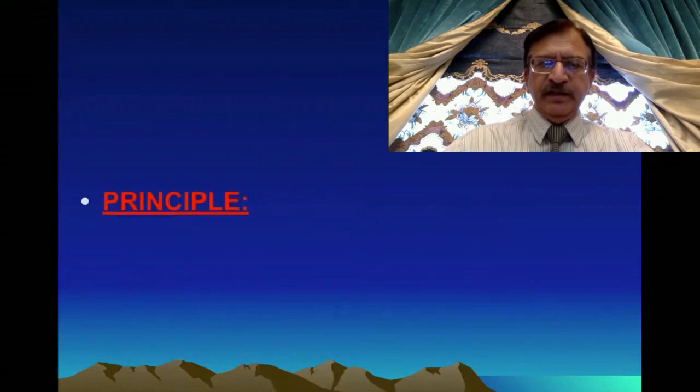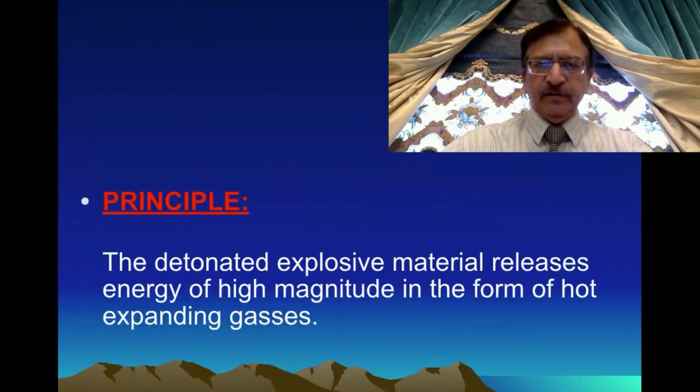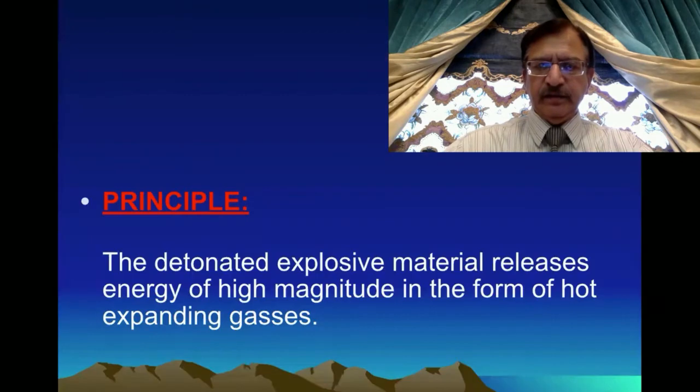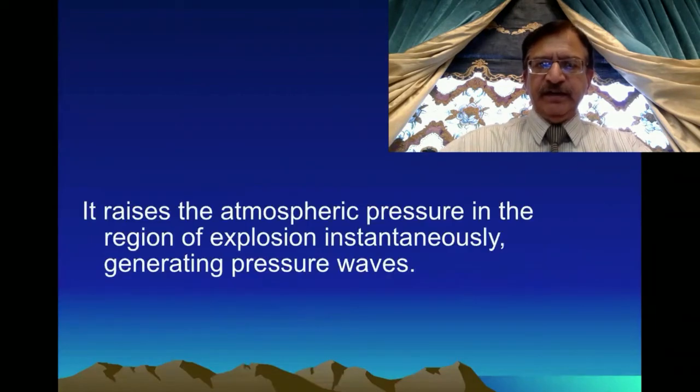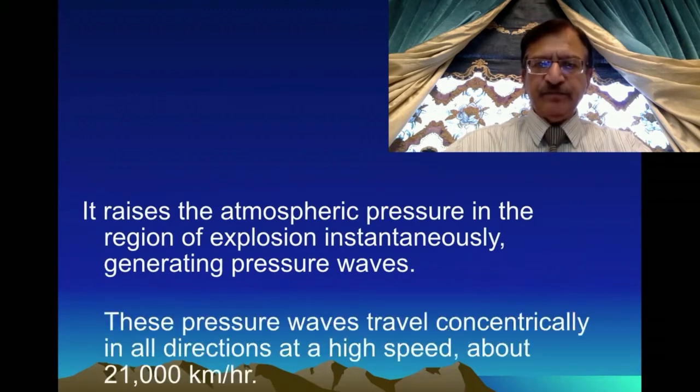The principle in the designing of the bomb is that the detonated explosive material releases energy of high magnitude in the form of hot expanding gases. It raises the atmospheric pressure in the region of explosion instantaneously, generating pressure waves.